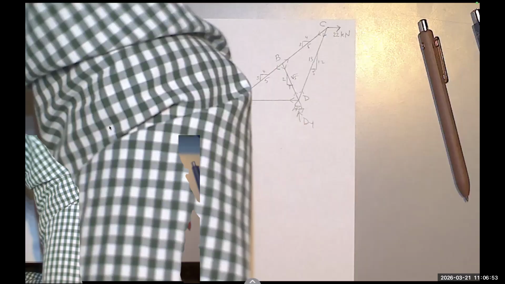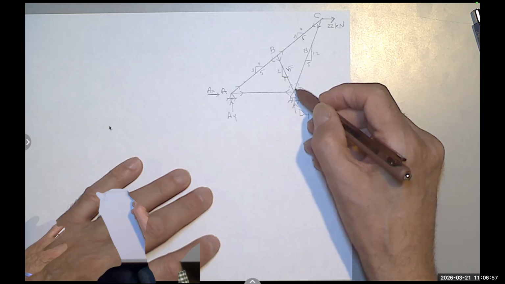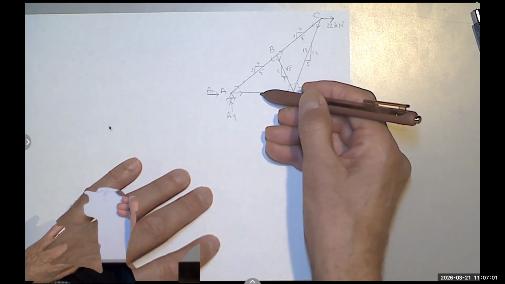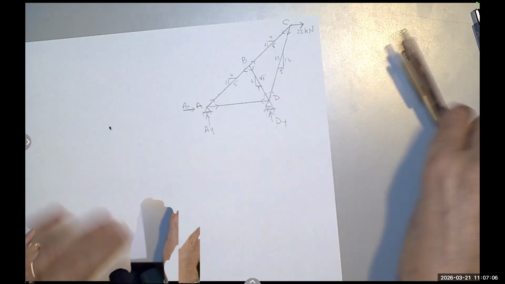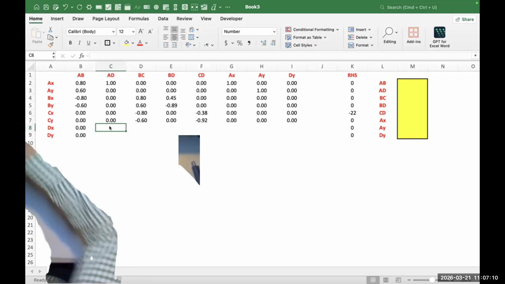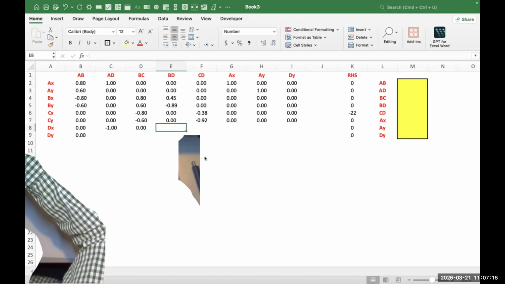DX. Here is the D. DX, we have a lot. We have 5 over 13 positive, negative 1, and negative 1 over root 5. So for AD, it's negative 1. Again, positive 1 and negative 1, they cancel each other. BC, there is nothing. BD is negative 1 over square root of 5.